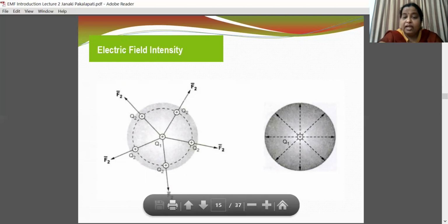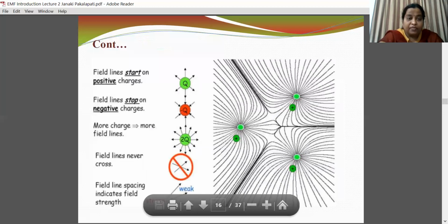And this is how the electric field lines look. If you consider a positive charge, electric field lines start from the positive charge, whereas the field lines stop on a negative charge.